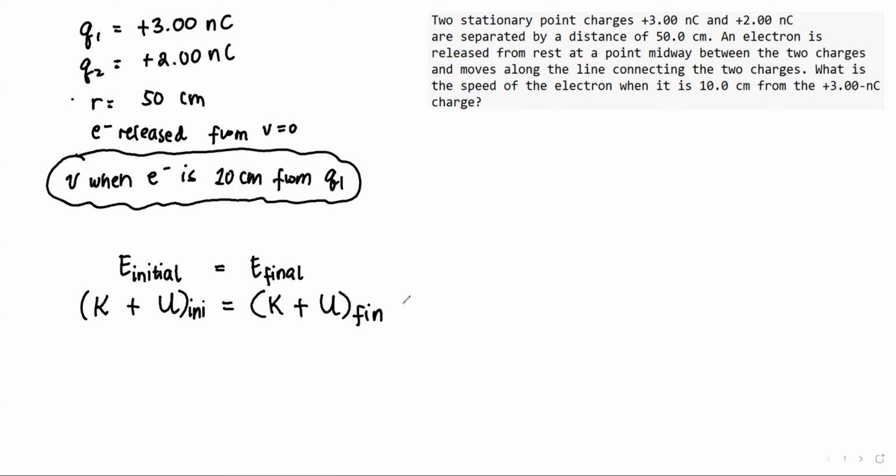This is when your mechanical energy is conserved. So if you're talking about the initial, you deal with the UI and KI, meaning the initial kinetic and initial potential. Same is true with your final. So if you're dealing with final, make sure that you're dealing with the final kinetic and final potential.